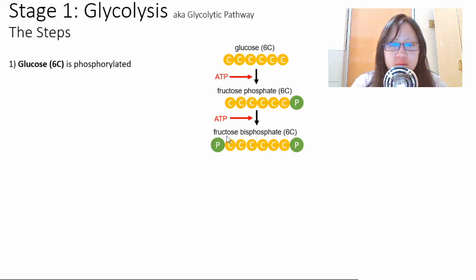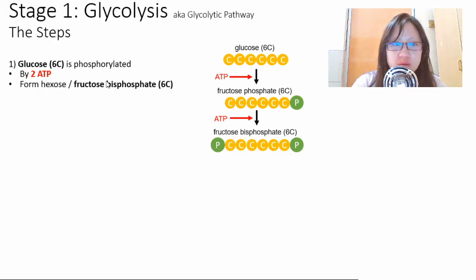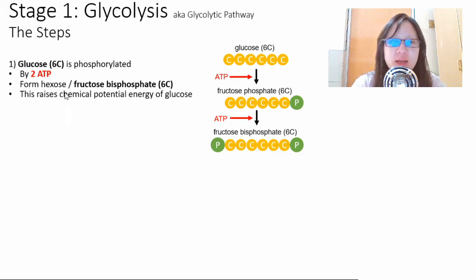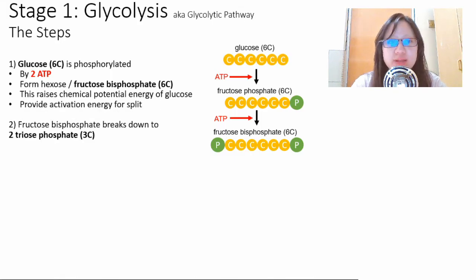What you result with is fructose bisphosphate, or another name for it is hexose bisphosphate. It is a 6-carbon molecule with 2 phosphates attached at the ends. And what this does is that it raises the chemical potential energy of glucose, and this provides the activation energy for the split. Split into what? Split into 2 triose phosphate.